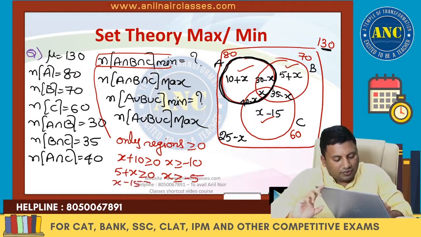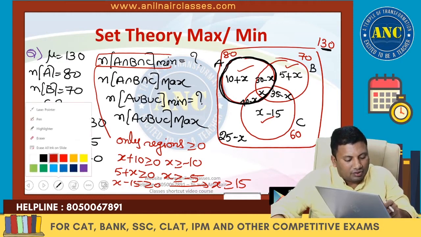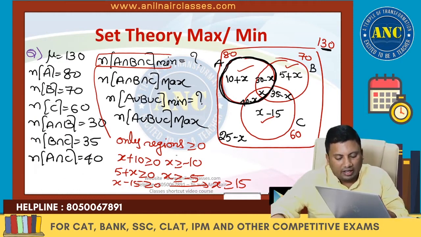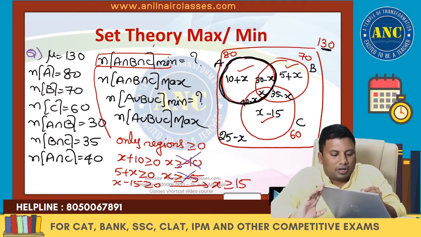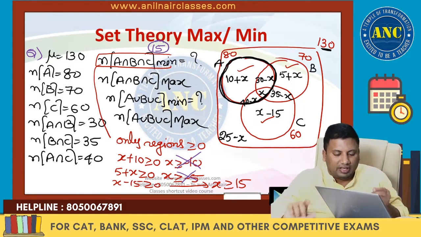X minus 15 greater than or equivalent to 0, so X is greater than or equivalent to 15. We should not get negative values. Minus 10 not possible. Minus 5 not possible. So A intersection B intersection C minimum value is 15.